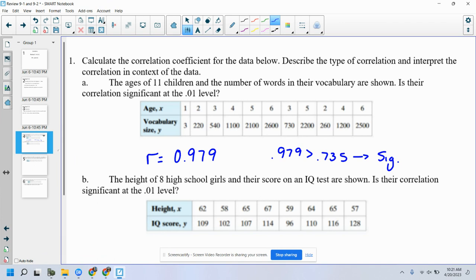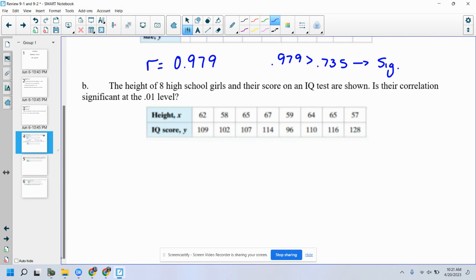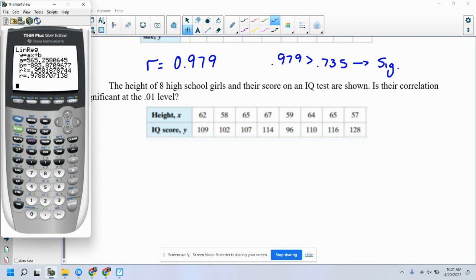Yeah. The height of 8 high school girls and their IQ score are shown. Is their correlation significant at the 0.01 level? Let's find the R value. Stat, edit. And again, you go up, clear, down. Clear, down. Okay, we got 62, 58, 65, 67, 59, 64, 65.